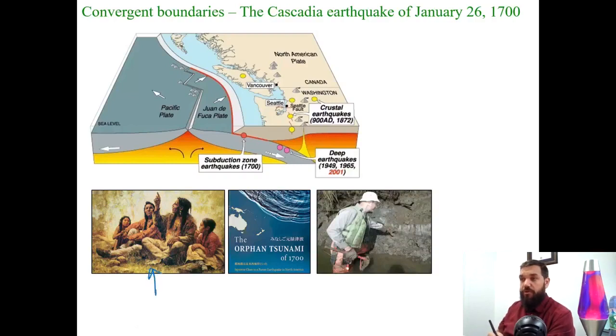But from oral traditions, there are stories of great tsunamis. And we can also look at sedimentary records left over from the 1700s. We can piece together from history, from the stories, from the sediments, that maybe there was a tsunami and a magnitude 9 earthquake that occurred there. So it's been a long time.